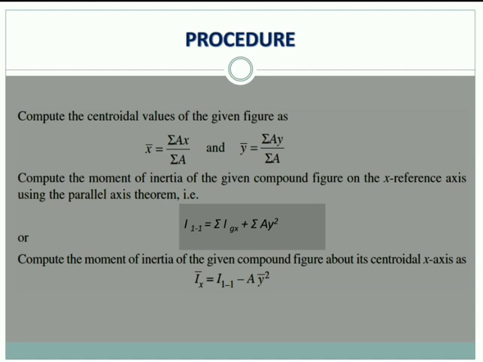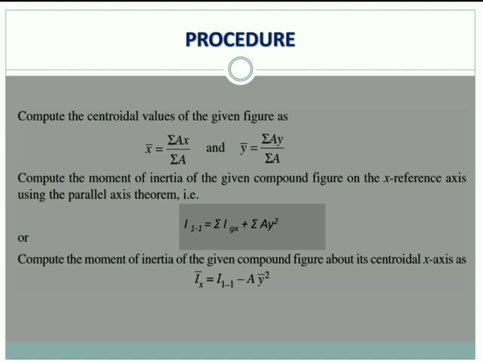So all the things in the I bar x calculation, we will keep this notation throughout. I bar x means the moment of inertia along the x axis of the entire figure. Here capital A is the total area of the body, and y bar is the centroidal distance of the total body, which we obtained from the above formulas for x bar and y bar.